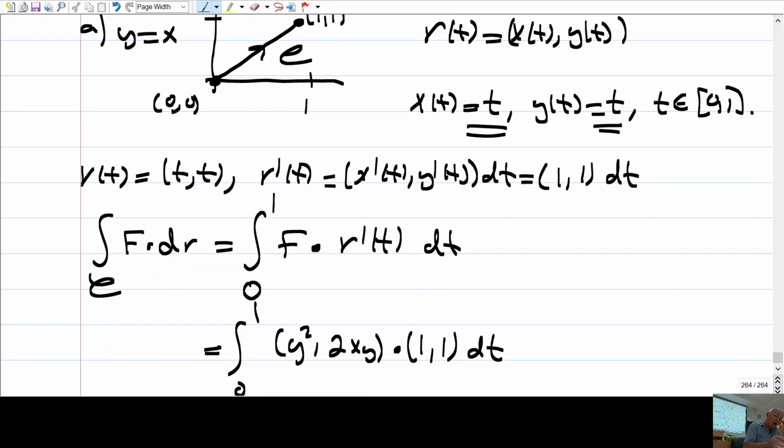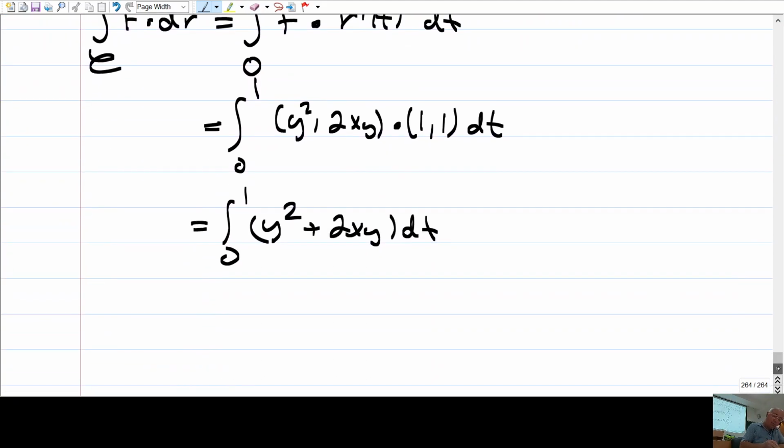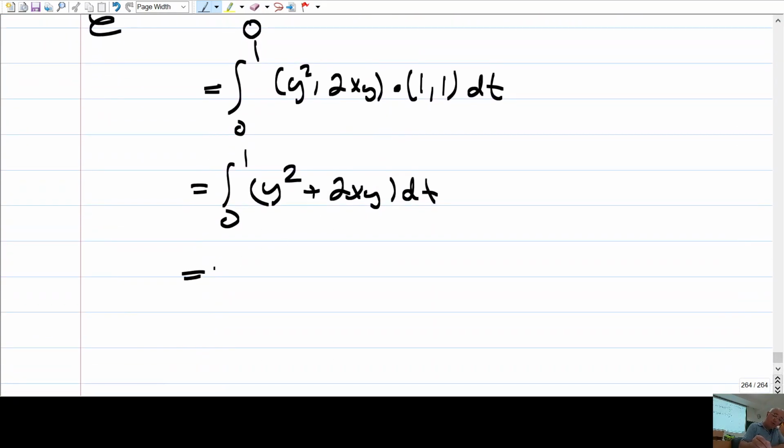X and y are both t in this parameterized curve. So I just plug t for x and t for y. So we get t squared plus 2t times t. Both x and y are t.